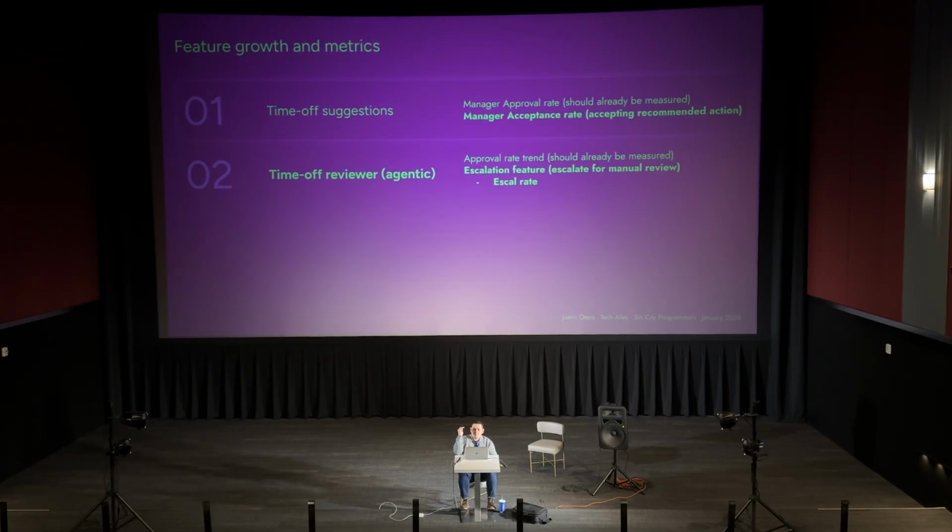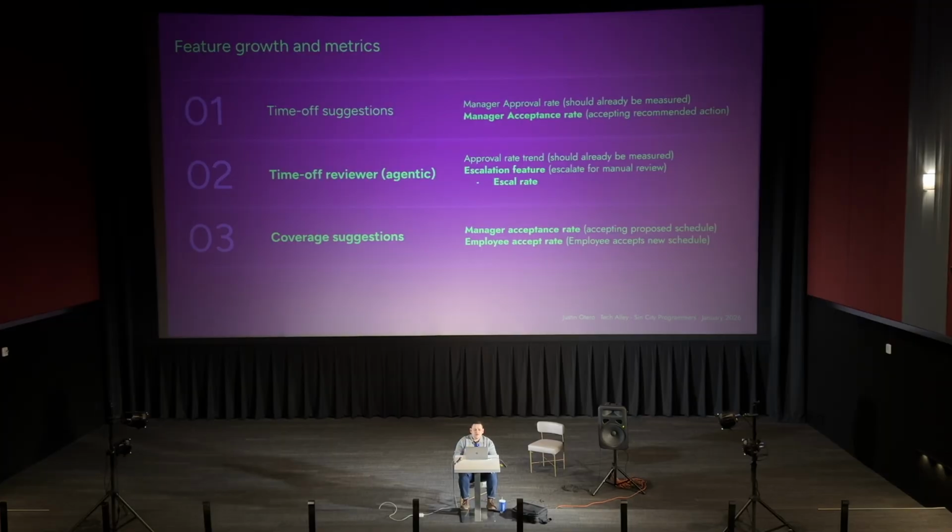Because again, it's great that this AI agent took the action, but now it's still creating work. Why? Because now the employee's upset. The manager now has to go deal with the disgruntled employee and review this thing that the AI did, right? Not great. But let's say we're hitting statistical significance and we want to move forward.